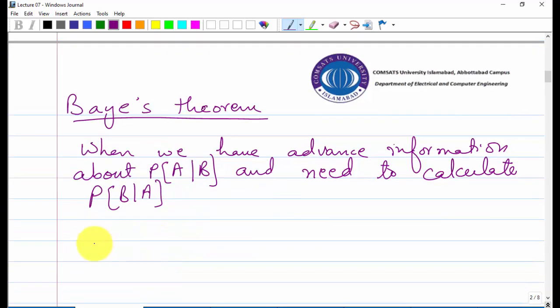So the Bayes theorem, it is theorem 1.11.